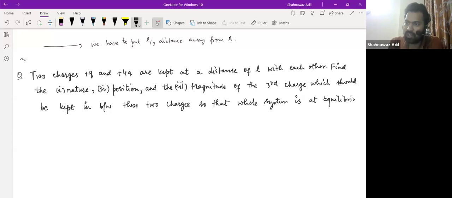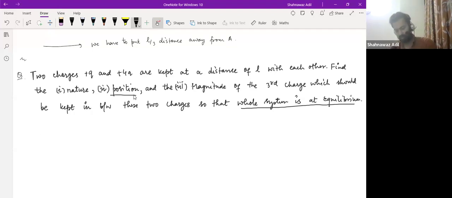So now we have three questions: nature, position, and the magnitude of the third charge. And the information that they have given is that the whole system is at equilibrium. In the previous question, they only asked about the position.